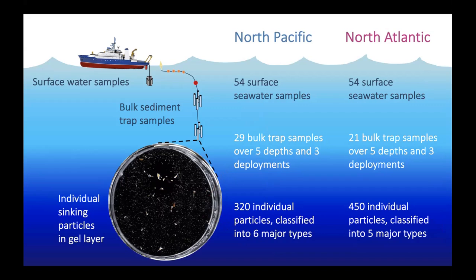And then within each of those sediment trap deployments at each depth, there were individual particles that were picked, and using the microscope images were classified into different broad types of particles. So we have information about sinking particles in sediment traps as a bulk metric, but also as individual types transporting different types of material.